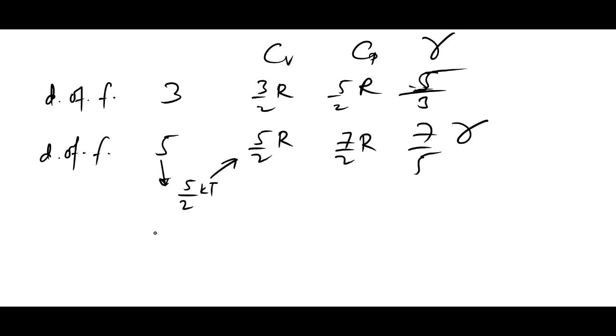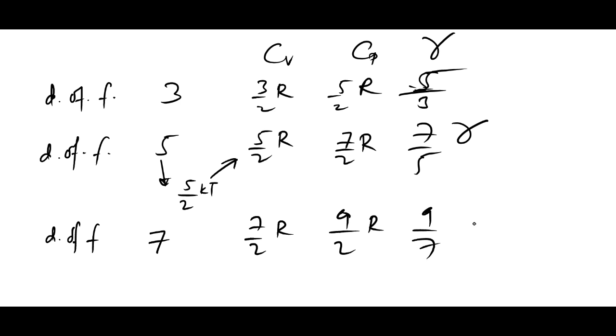And at very high temperatures, the degree of freedom of a diatomic gas molecule is equal to 7. So these values become 7 upon 2 R and 9 upon 2 R respectively, and the third value becomes 9 upon 7. Gamma is equal to 9 upon 7. So just remember the derivation.